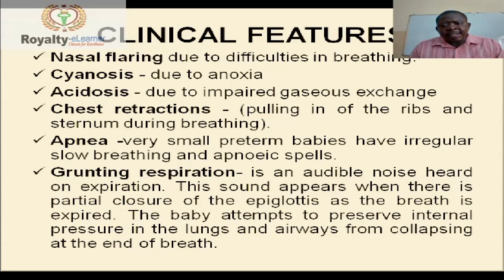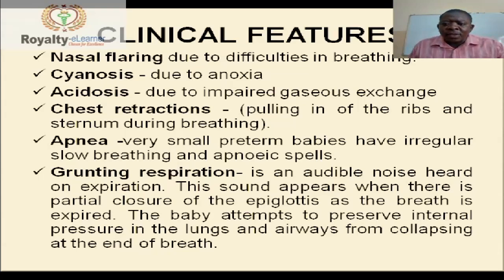Chest retraction, that is pulling in of the ribs and sternum during breathing, can happen. That may even create a negative tension. Then apnea: very small preterm babies have irregular slow breathing and apneic spells, so absence of breathing may be observed. It's also possible to observe grunting respiration, an audible noise heard on expiration.